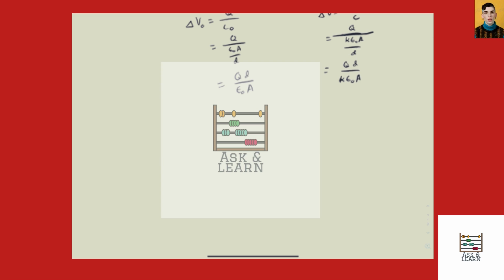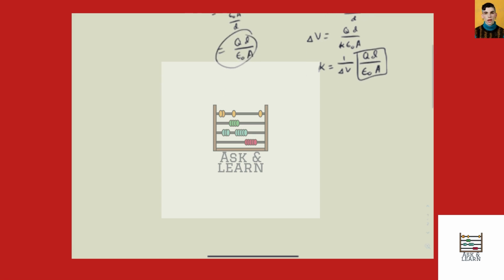And now I can solve for kappa over here. So kappa, remember this is delta V, is going to equal 1 over delta V times Q D over epsilon naught A. And this is just what we have over here, delta V0.